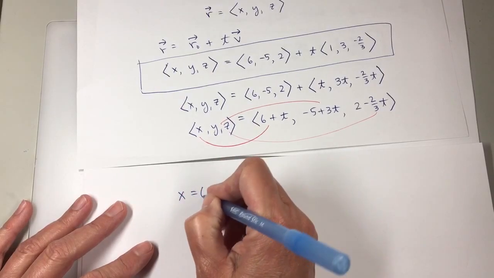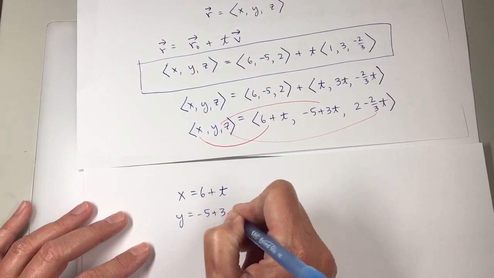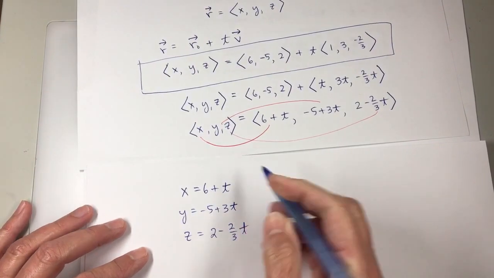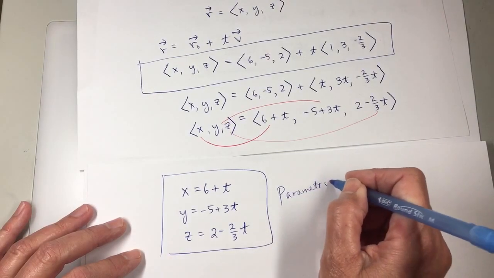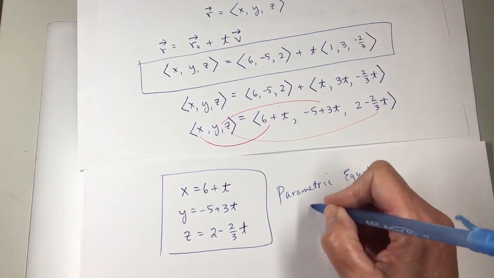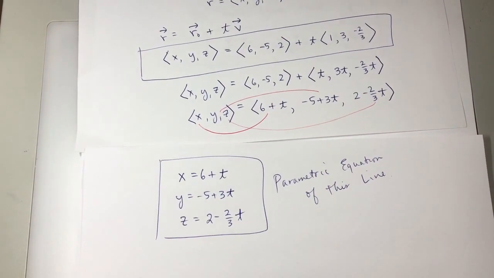So x equals 6 plus t, y equals negative 5 plus 3t, and z equals 2 minus 2/3 t. Parametric equations of this line. You could have probably gone straight to the parametric equations if you know those formulas. Just plug in the corresponding numbers there.